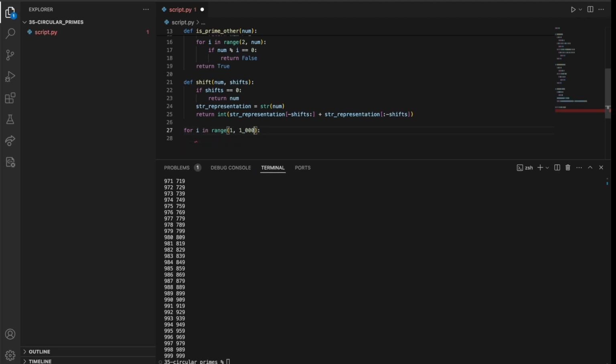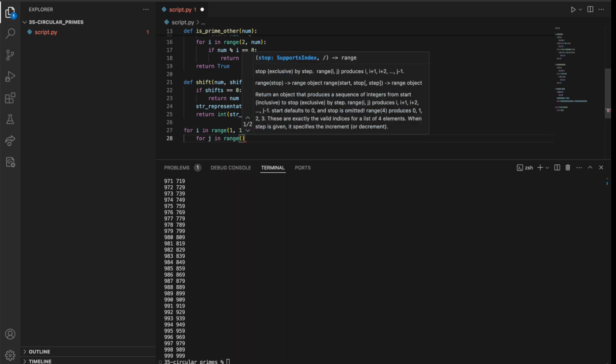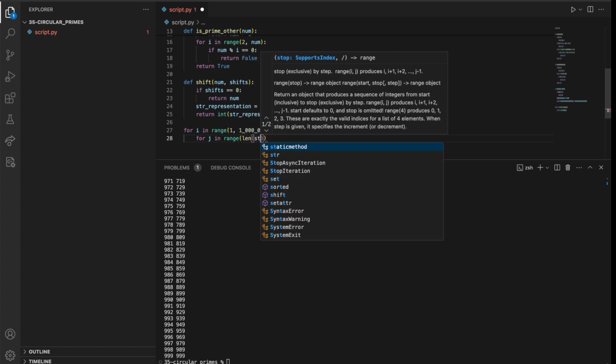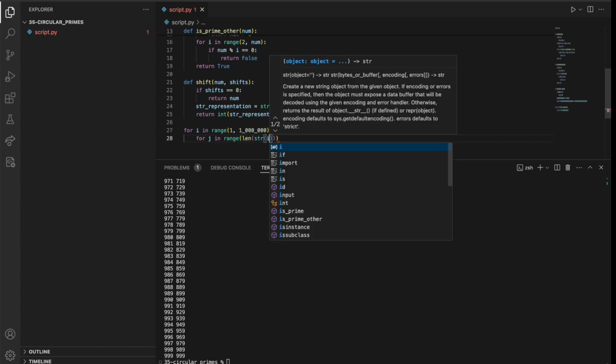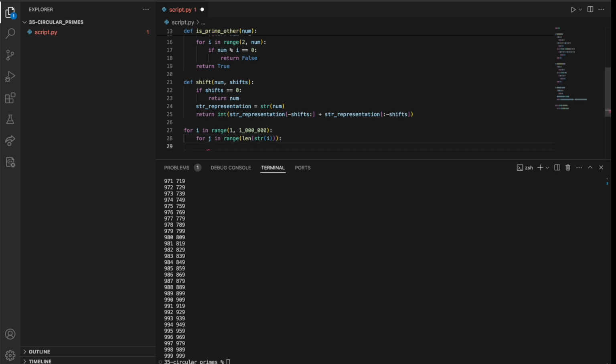So now, for each number under 1 million, we can say for j in a range, we're going to take the length of the number. So we'll go from the length of the string of the number, and then we check if it's prime. So if it's not prime, we'll take I shifted by j.